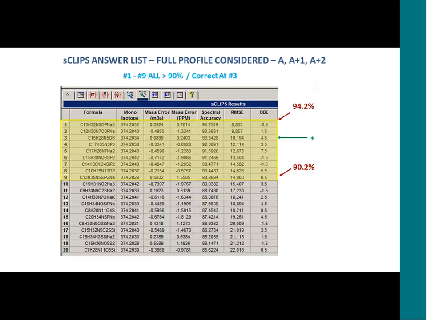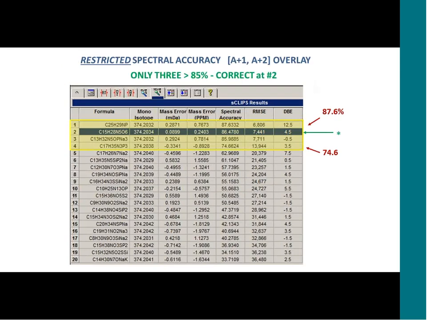And you can see in this list where I've included everything, A plus 1, A plus 2, that I've got 9 answers greater than 90% spectral accuracy. The correct answer is in position number 3. What happens when I go to restriction? So now I'm going to move to only considering A plus 1 and A plus 2.